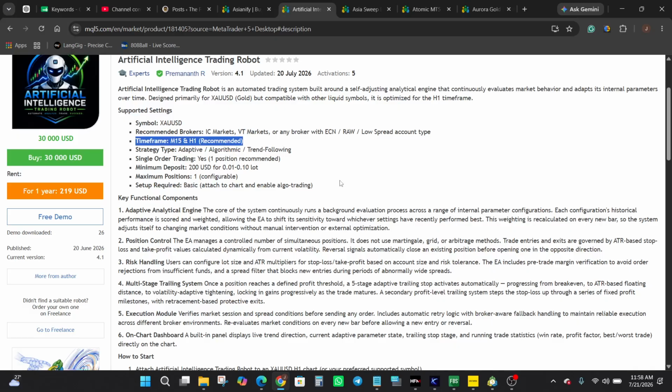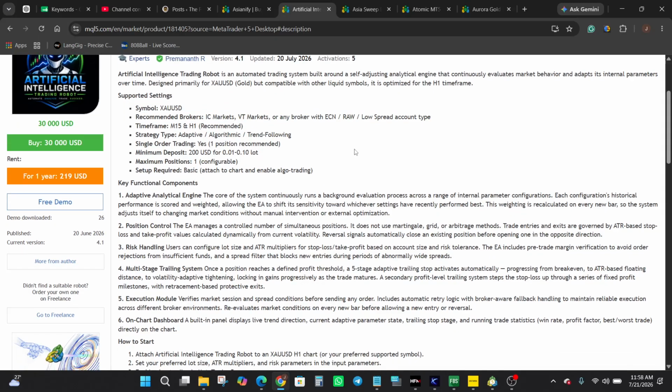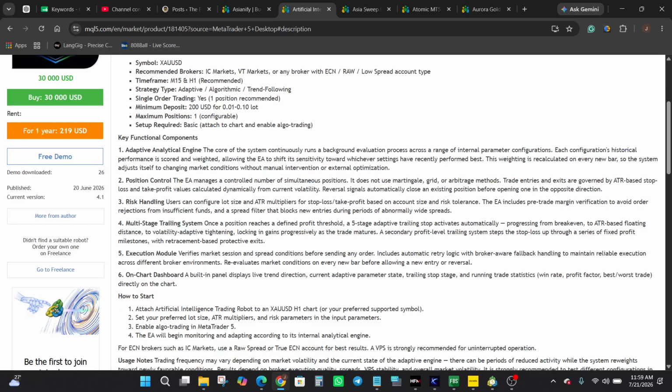The developer recommends ECN style brokers, names like IC Markets and VT Markets come up specifically, and suggests a raw spread or true ECN account type for best execution. The minimum deposit is listed at $200 for the smallest lot sizes, and a VPS is recommended for uninterrupted operation.